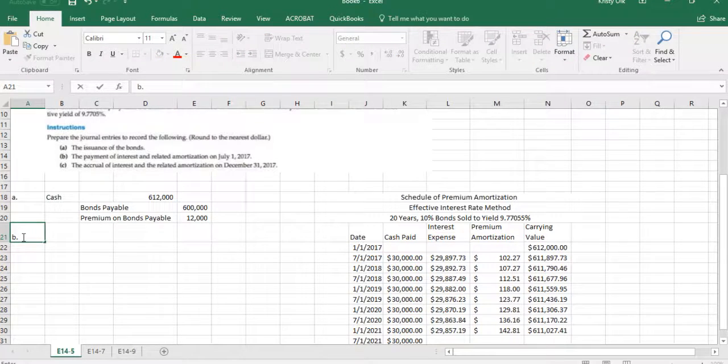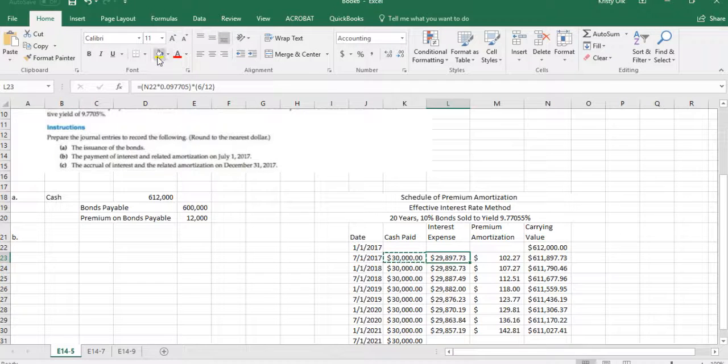So for B, which is the payment of interest and the related amortization on July 1st, 2017, after you had made this schedule of premium amortization on January 1st, you would then be referencing back to this schedule when you had your entries. So for 7-1, it tells us that the interest expense is $29,897.73.